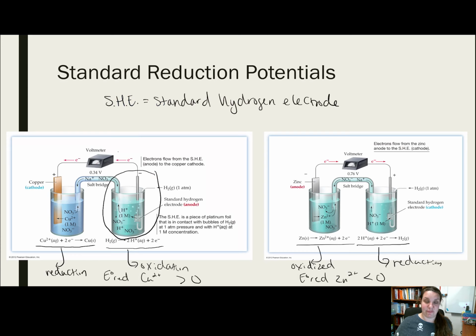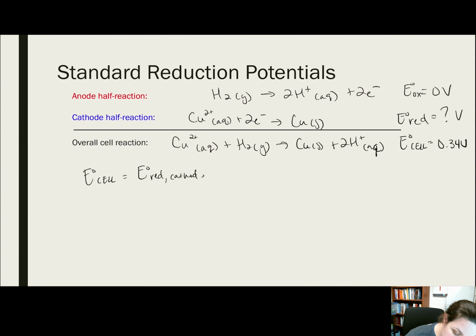So you can use that information to determine what the reduction potential of copper 2+ is, remembering that our E naught of our cell is equal to E naught of the reduction of the cathode plus the E naught oxidation of the anode.